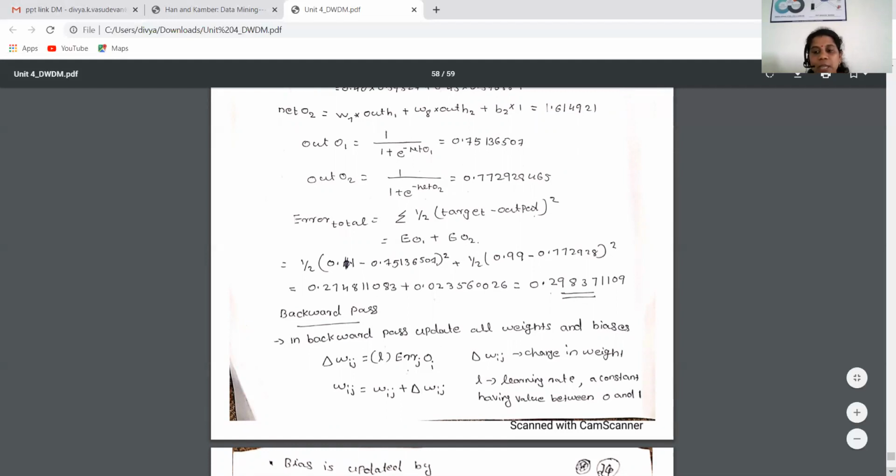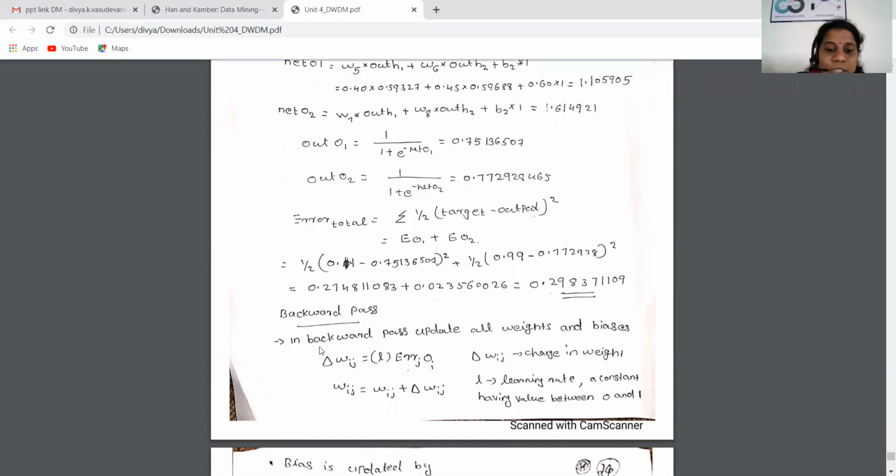First we will see how to update the weights. The equation is delta Wij is equal to L into error J into OI, right? Where delta Wij is the change in the weight. That much change we are going to add to the weight.